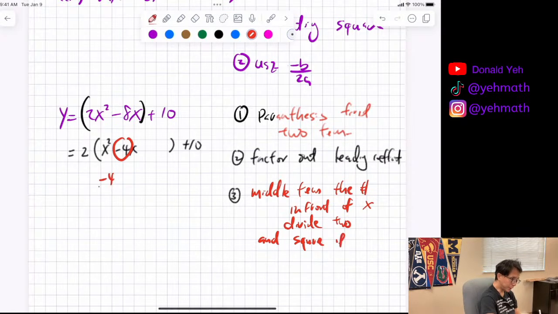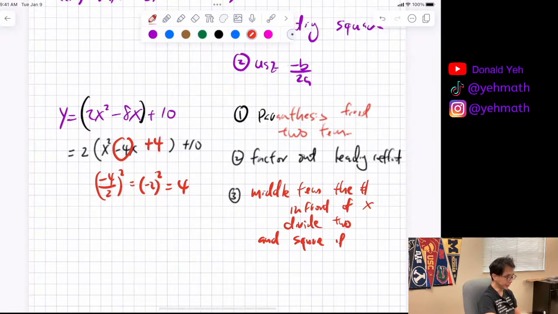So I'm going to write it here. Even though you know that negative 4 divided by 2 is negative 2, I still want you to write it out. Why? Because it benefits later, and that's going to be 4. So what we're going to do is add 4 here.